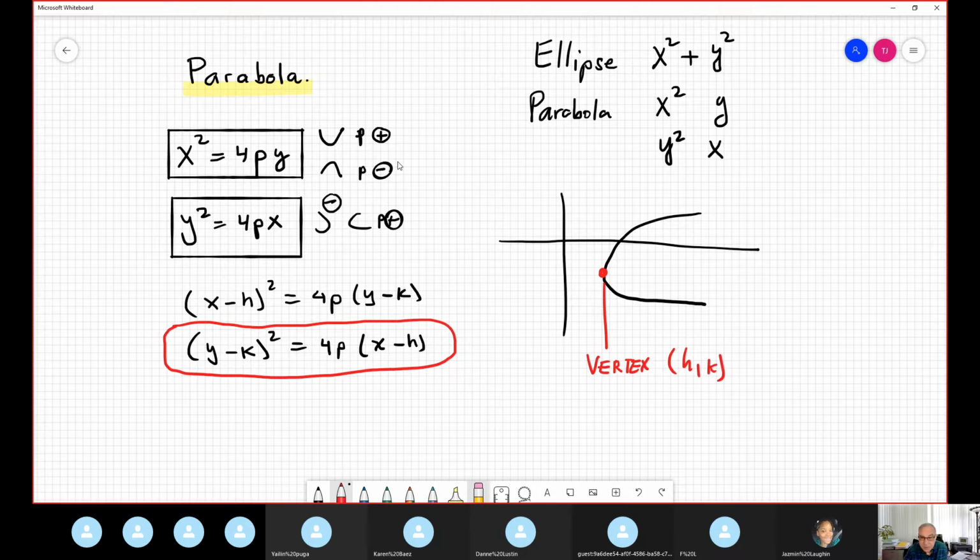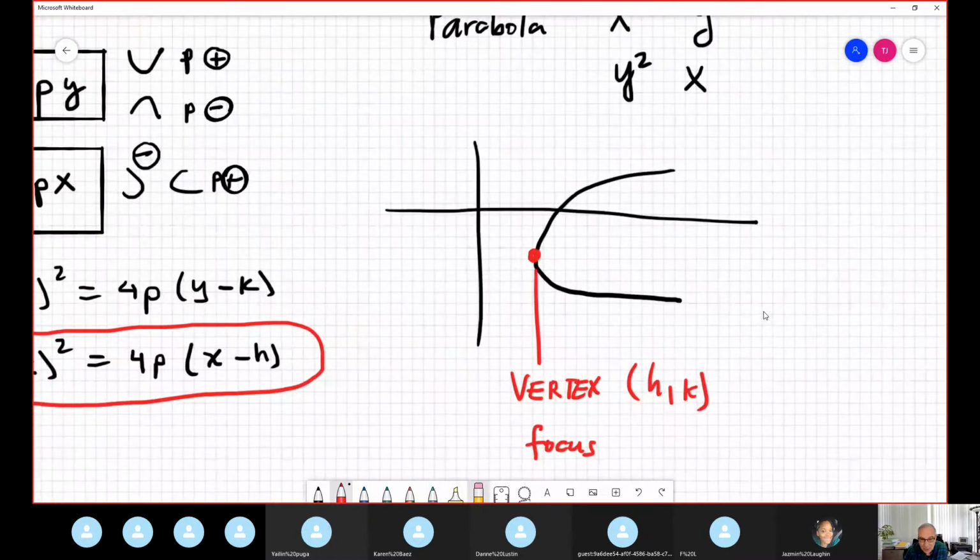That is the component for this. But we have more information. We need to specify, for example, the focus. The focus is a point that is always inside the parabola. And the focus is here. So never is the focus outside. Impossible.